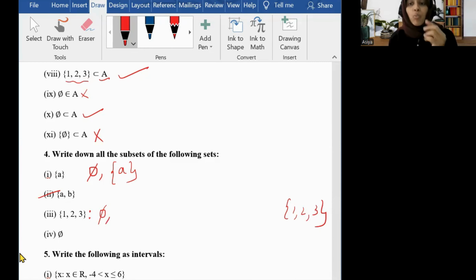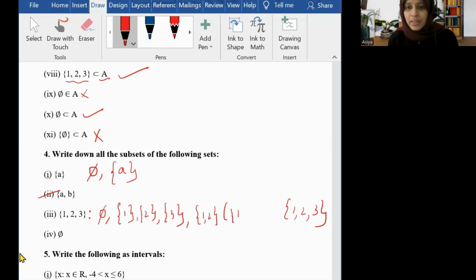Now, apart from that, what all sets can be formed? Set with element 1, set with element 2, a set with element 3. Now, set with elements 1 and 2, set with elements 1 and 3. Any other possibilities? Think of it. Yes, set with elements 2 and 3 is also possible.